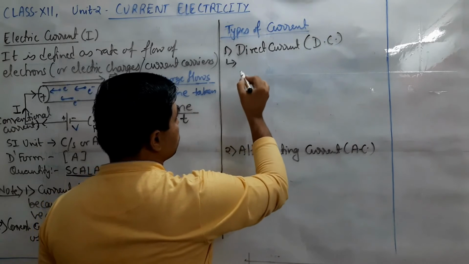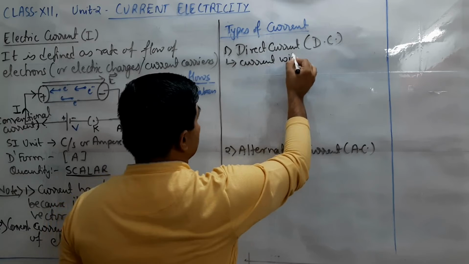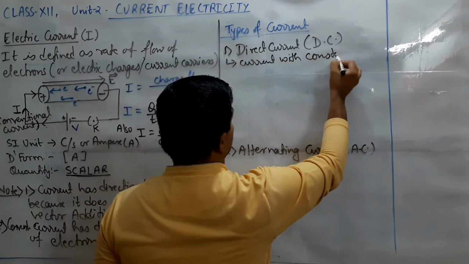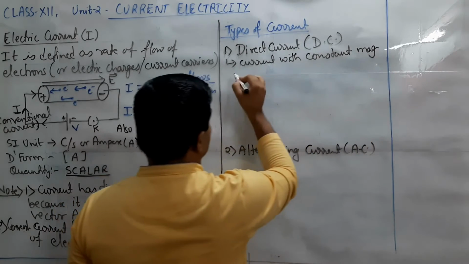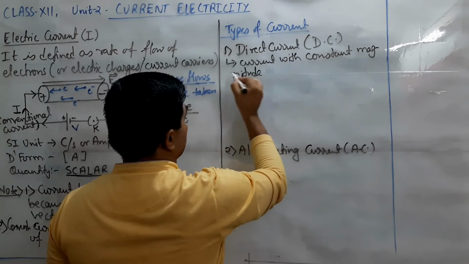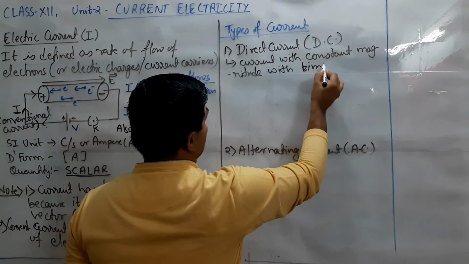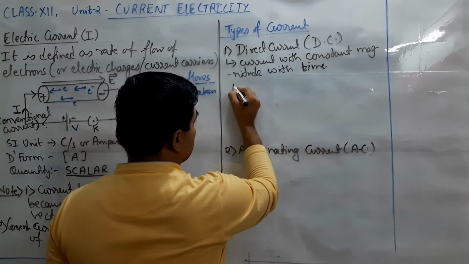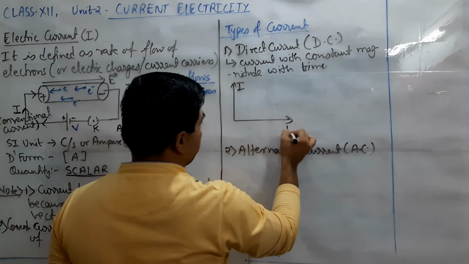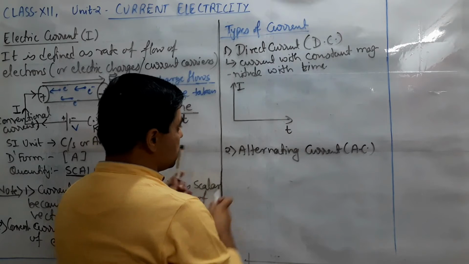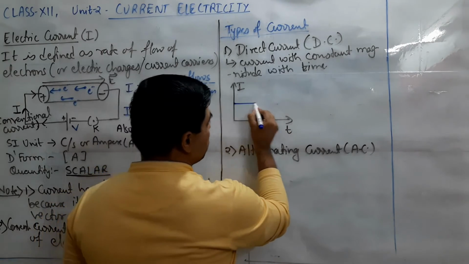So direct current is a current with constant magnitude with time. If we want to represent it graphically, we represent it like this: current and time, and at time 0, when the current starts, it has some specific value.